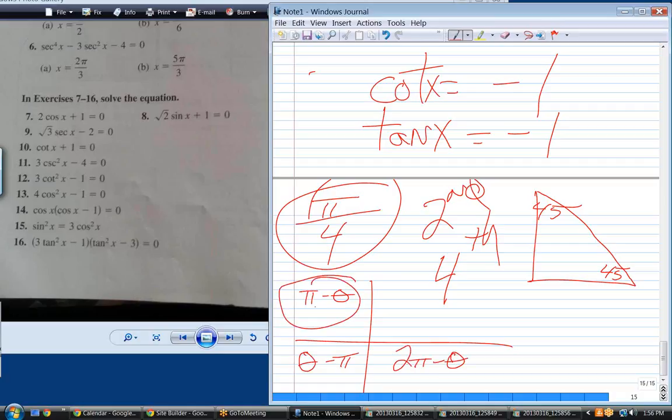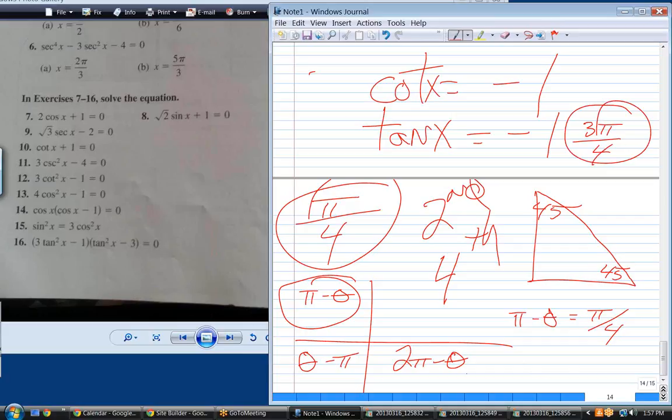So for the second one, what angle would theta have to be such that pi minus theta was equal to pi over 4? Then it would be 3 pi over 4. Good. So that's one spot where tangent of that angle is equal to minus 1.